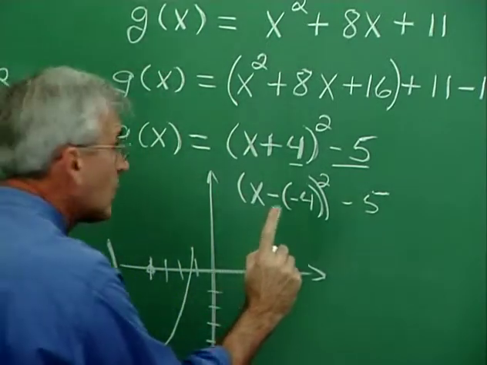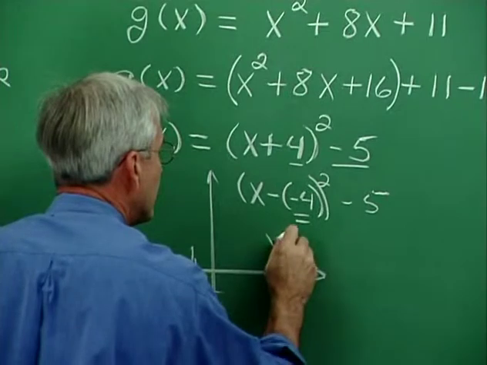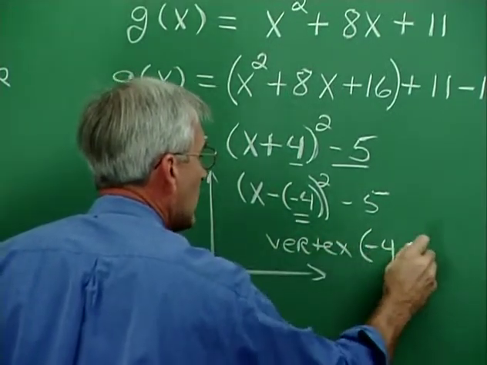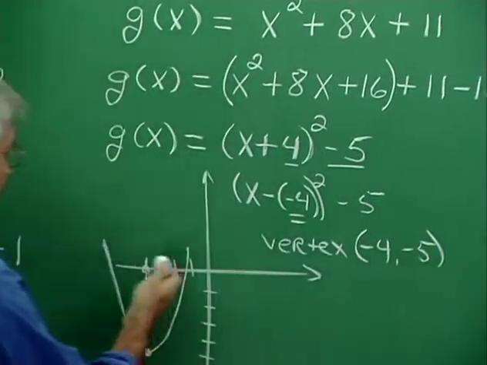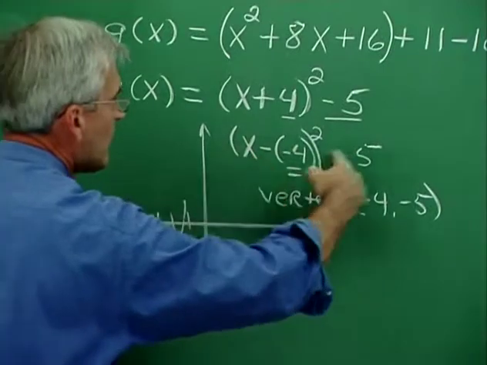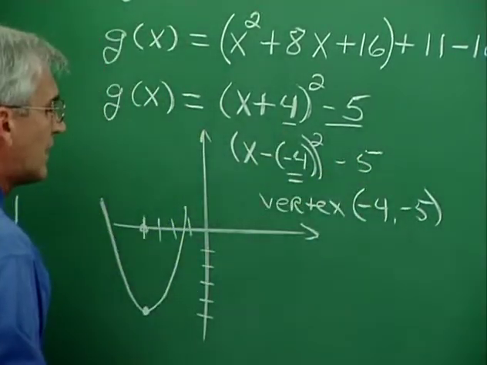So the number that follows a minus sign is negative 4. So we have a vertex at negative 4, negative 5, which is what we found here. Okay, so we can read it in. Now, you don't really have to rewrite like this, but you need to imagine it in order to identify the coordinates of the vertex.